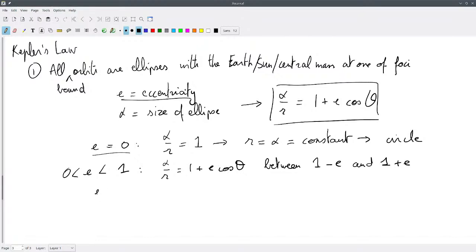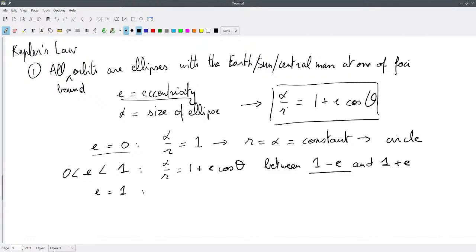And then we can have e equal to 1. At that point, there's going to be a possibility that alpha over r becomes 0. When we have theta equal to 180 degrees, then 1 plus e times cosine theta is going to be equal to 0.